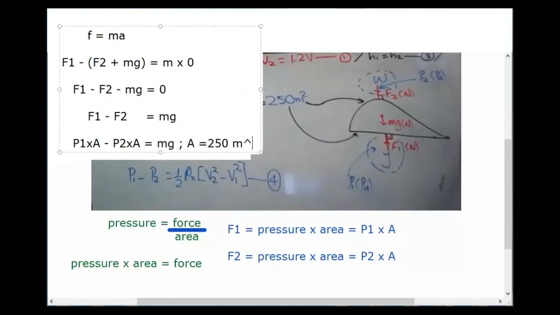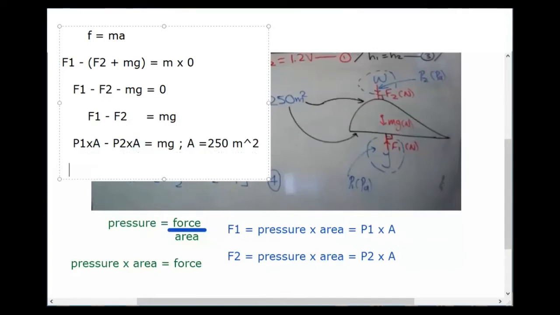So now we should identify that capital A can be taken out. This A and this A can be taken out from a bracket. So I'll get the equation like this: P1 minus P2 times capital A equals mg. Is it clear?